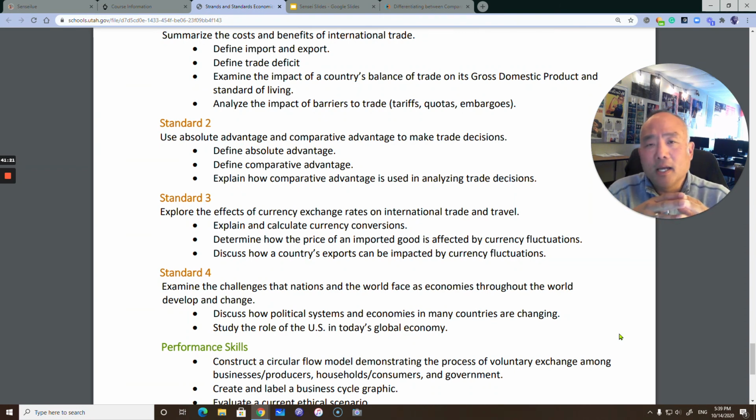And so it factors into traveling, because if you want to go to Canada right now, the US dollar versus the Canadian dollar, or the loonie, you'll find that it is very favorable. And so you can go to Canada, as you've heard me tell stories, and get some pretty good deals, okay? A fraction of the cost of what it would be in the United States.